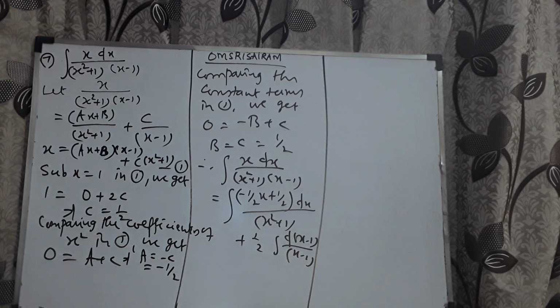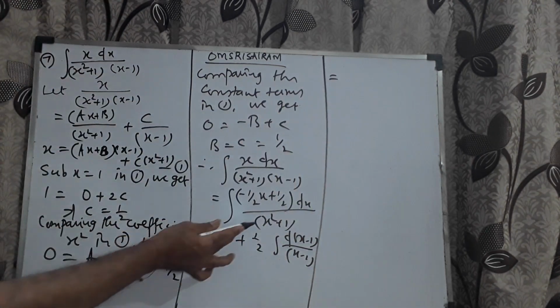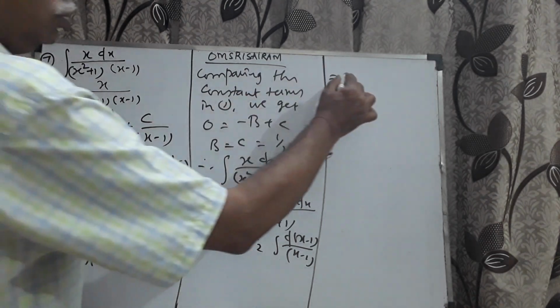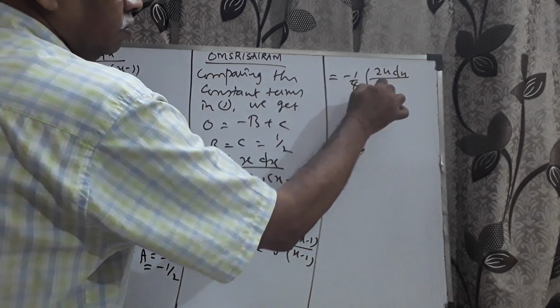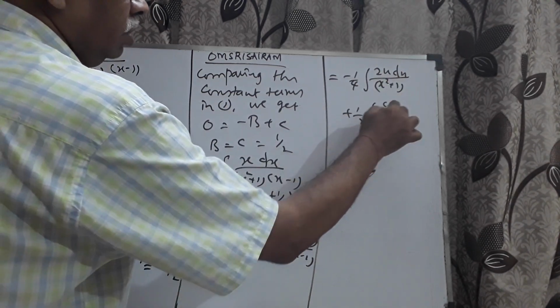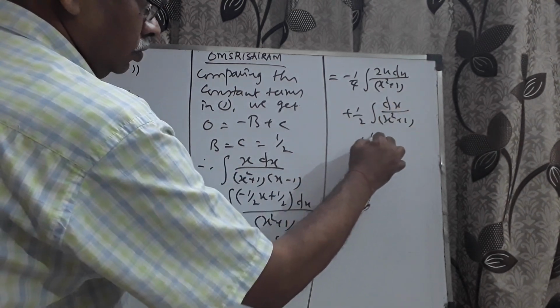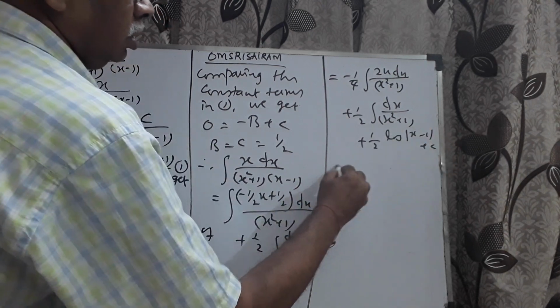I already told you in the previous videos, write the numerator as d of x minus 1 always. Now here make it into two integrals, but for the first integral derivative of x square plus 1 is 2x. Therefore multiply and divide by 2 here, 2x dx by x square plus 1. Then of course plus half integral dx by x square plus 1. Of course plus half log mod x minus 1 plus c.